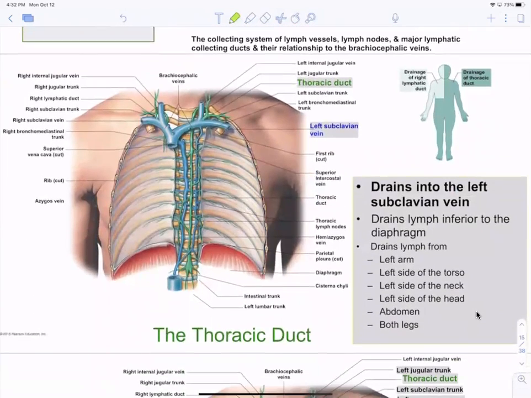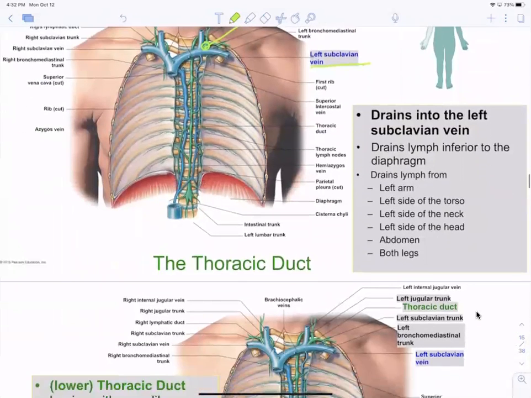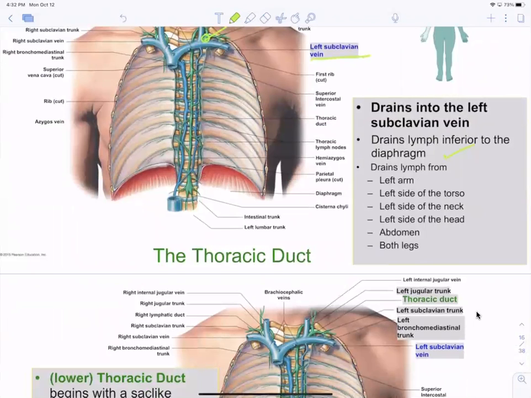So again, showing you thoracic duct here, this is where it dumps into the left subclavian vein, and it basically will say drains in the left subclavian vein. So everything inferior to the diaphragm, and then the whole left side.